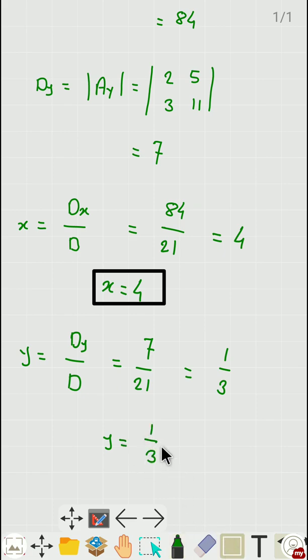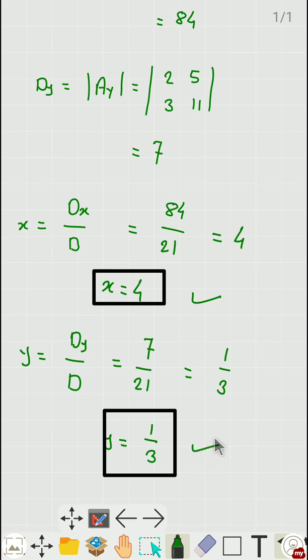Thus the value of x and the value of y together constitute the solution of the given system of linear equations. So this is Cramer's rule, and you can solve many problems based on it. The same thing we can use to solve a system of linear equations in 3 variables also. So let us go to the next question.